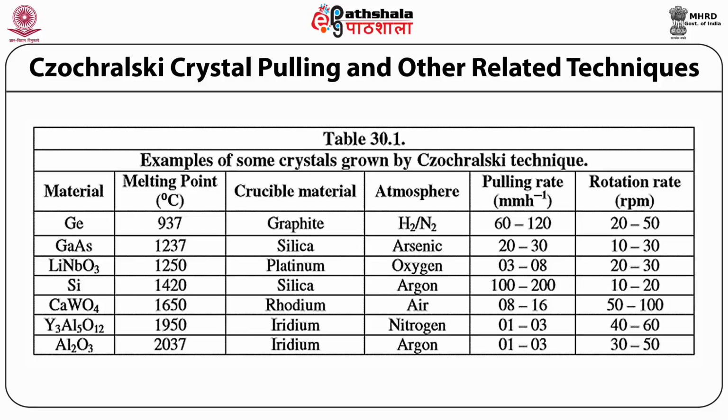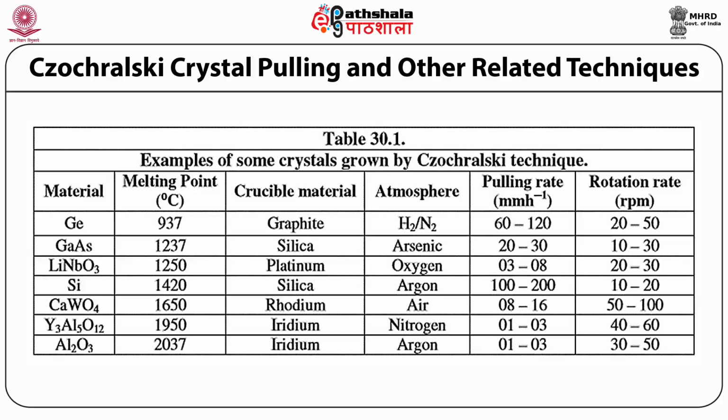For the growth of calcium tungstate, that is CaWO4, the melting point is 1650 degrees centigrade. The crucible material is rhodium. Atmosphere is air. The pulling rate is maintained at 8 or 16 mm per hour. The rotation rate is 50 to 100 rpm.